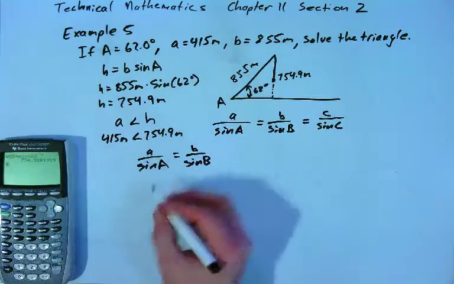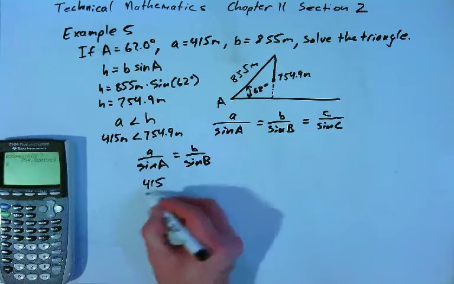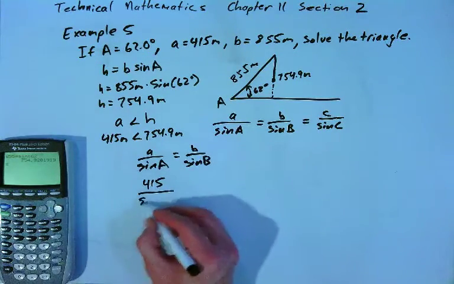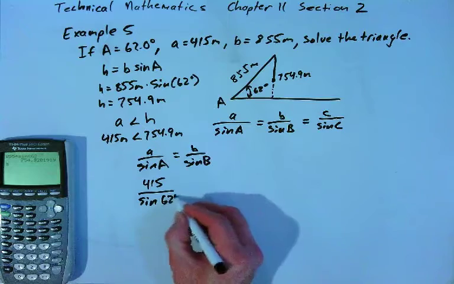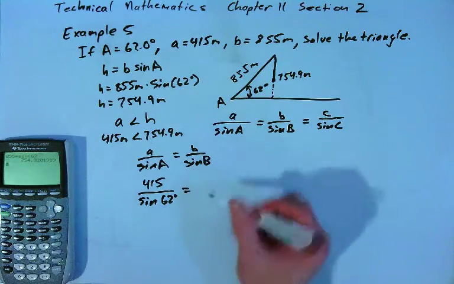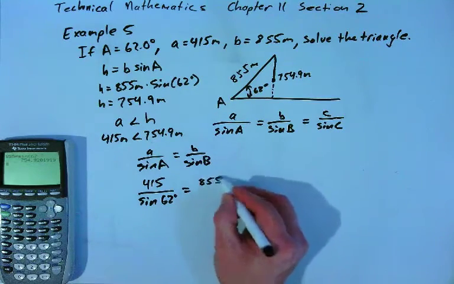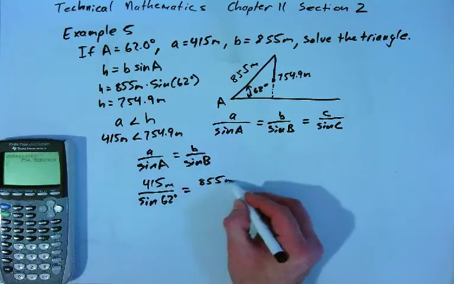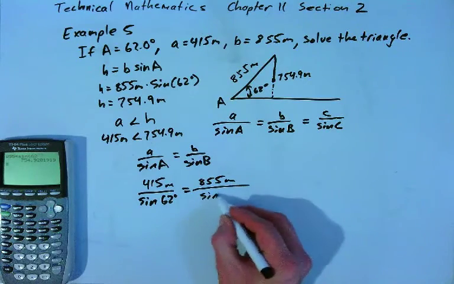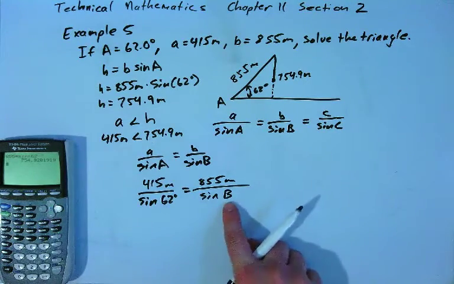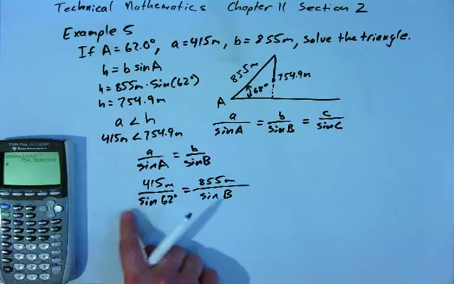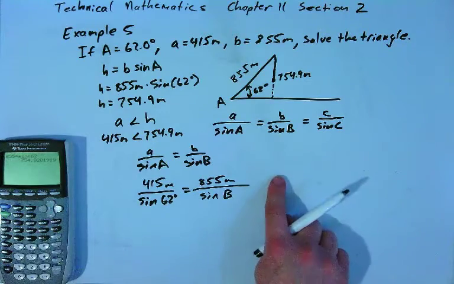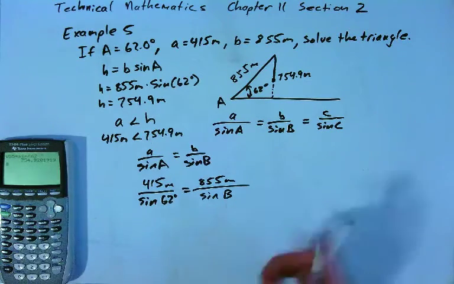Plug in the numbers we know. a is 415. Angle A is 62. Side b is 855 meters. And angle B is what we are looking for. So we'll multiply both sides by sine B, multiply both sides by sine 62, and divide both sides by 415.